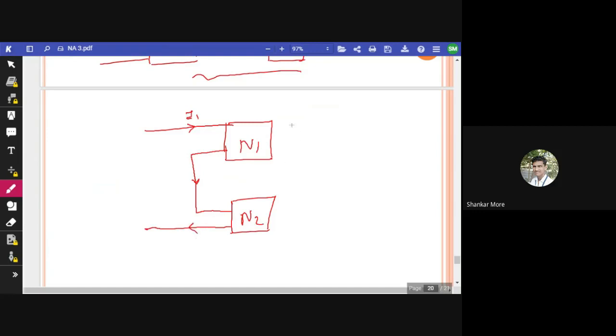So this is in series. Similar for I2 as well. I2 is coming from here and it is going out from here. This is V1 and this is V2. So this is two port networks in series. Okay, remember this. Now let me just give the heading: series arrangement.